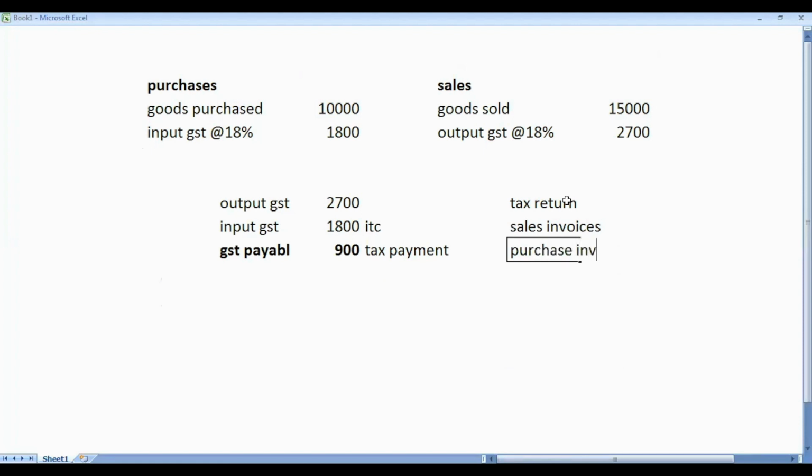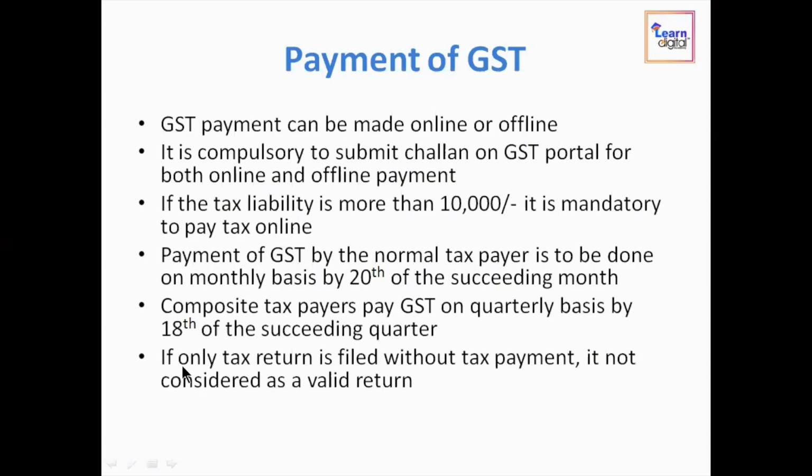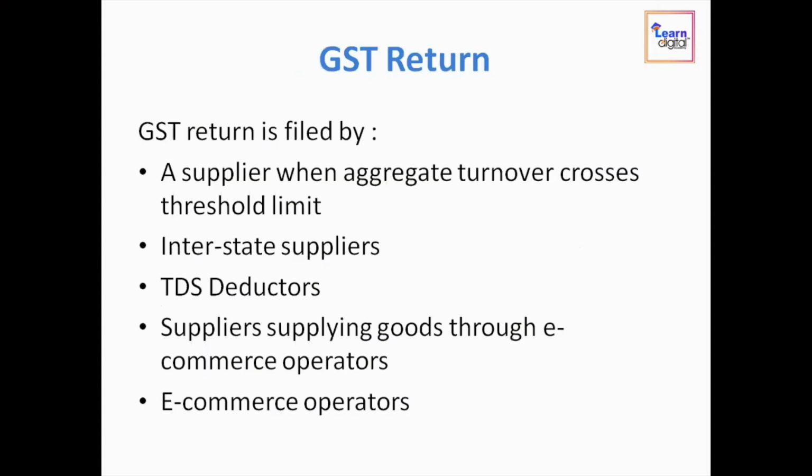So it is a list of all the invoices of all outward supplies and inward supplies. If you only upload all the invoices of sales and purchases and do not pay the tax amount, then it is not considered a valid return and it can attract a fine. So always file the return as well as pay tax on time.